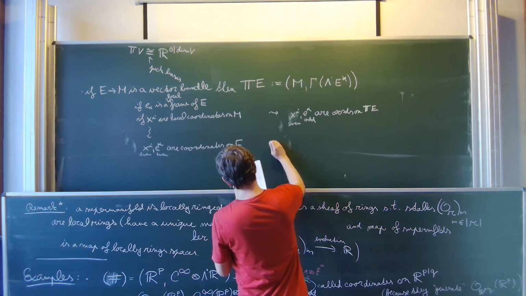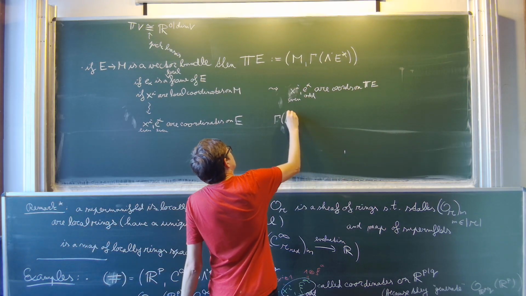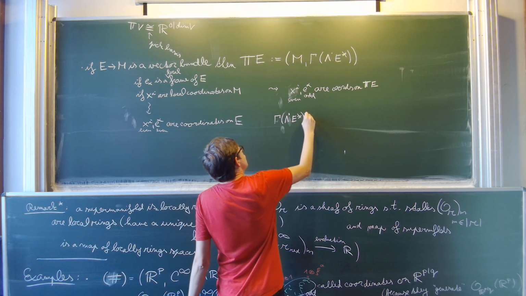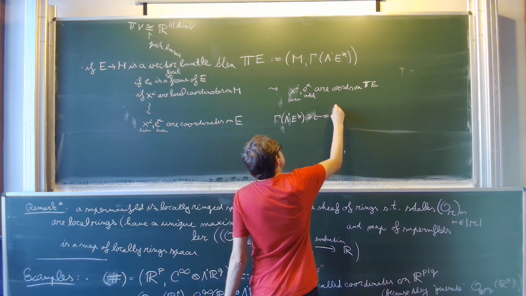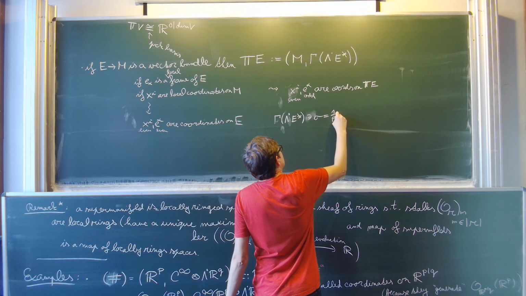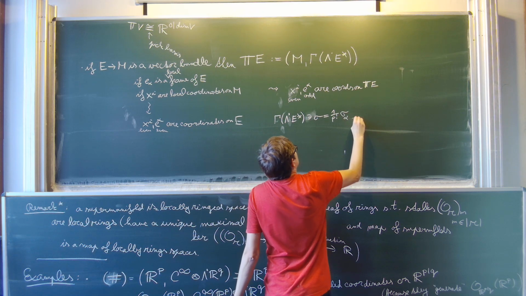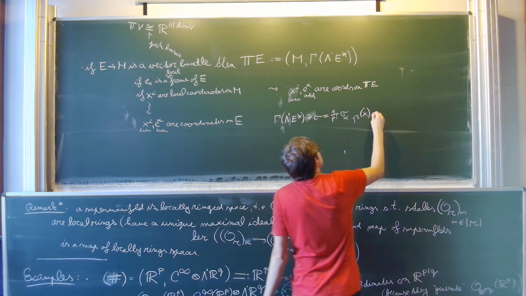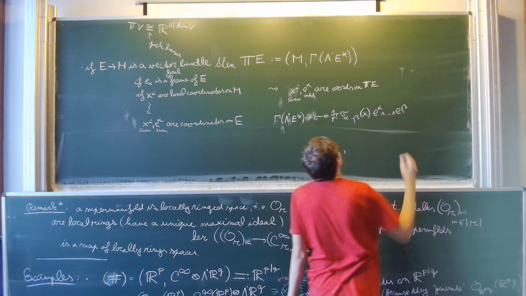Okay. Or maybe more in line with the previous example, if you look at the general element here, sigma, that sigma will look like sigma_{alpha beta}, depending on x, times e^alpha wedge e^beta.